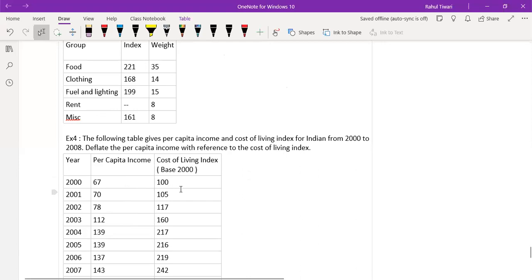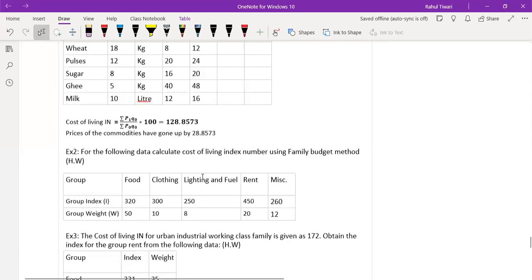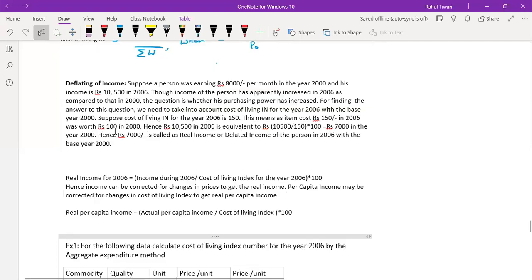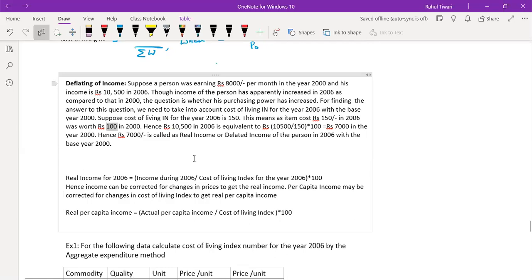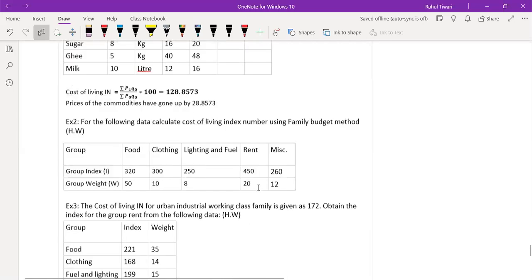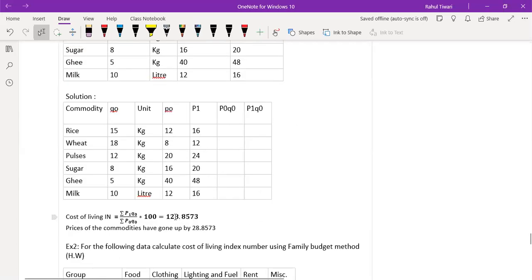100 कैसे आया? You remember by default we have considered here the base year is 100 because we always consider with 100%. तो जैसे कि अभी इधर 1 कितना आया था 128 आया था something, right? 128 something. So we compare with 100, that means 28% the commodities prices have gone up, right?